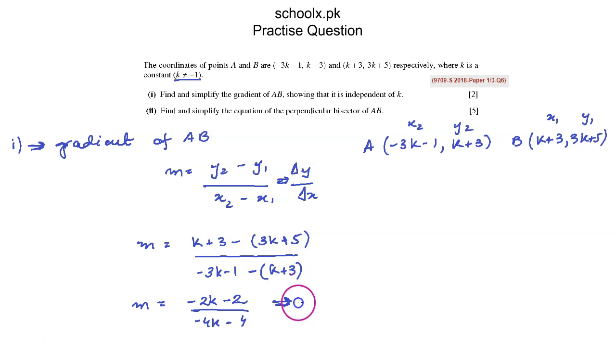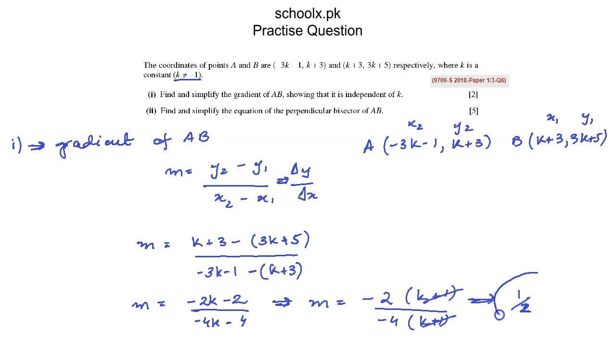If I simplify this further, taking -2 common in the numerator, -2(k + 1) over -4(k + 1), the (k + 1) cancels out and we get 1/2, which is the gradient of AB. Hence there is no k in this expression, so it is independent of k.